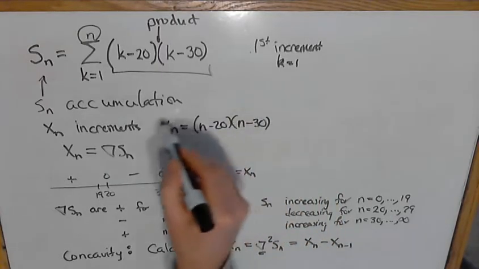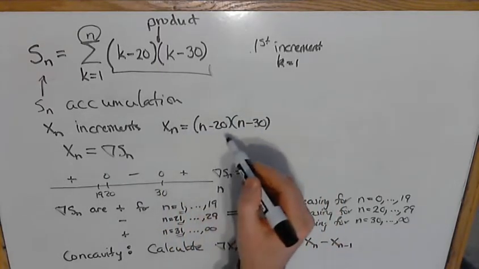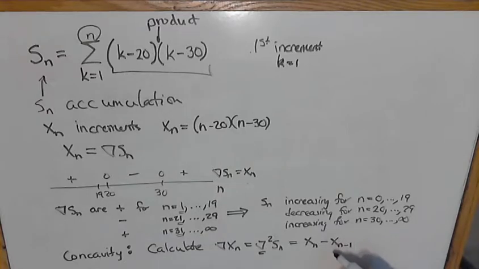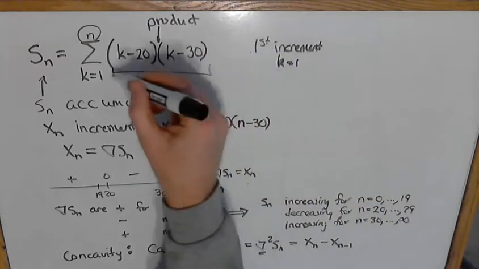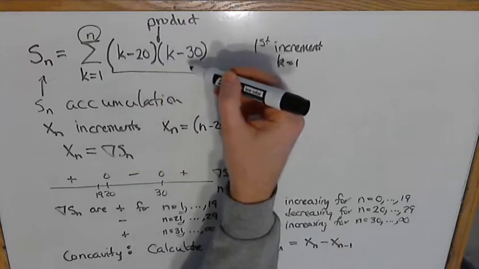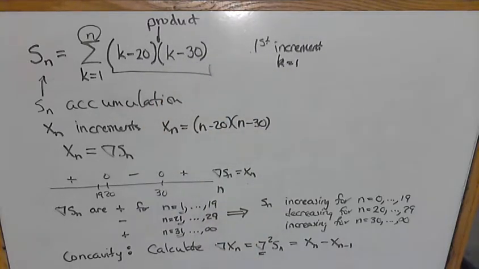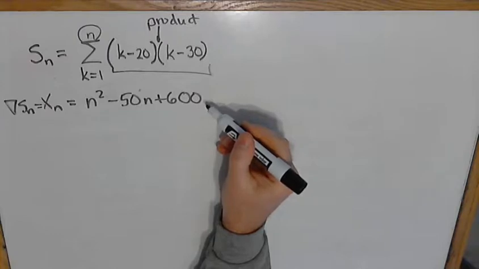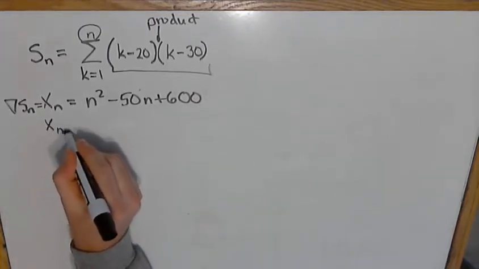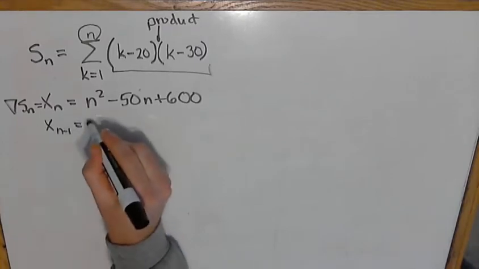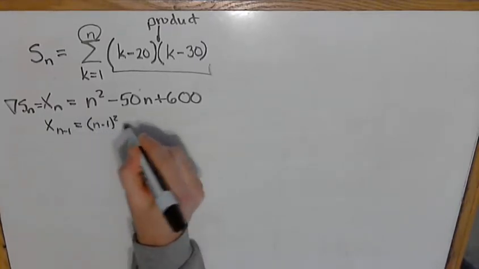Because I have an explicit formula for my sequence, I have to calculate the backward difference. For Sn, because I had it as a summation, I knew the increments. Here I have a formula for my increments xn. I need to calculate a formula for the previous increment, so we're going to do a little algebra.